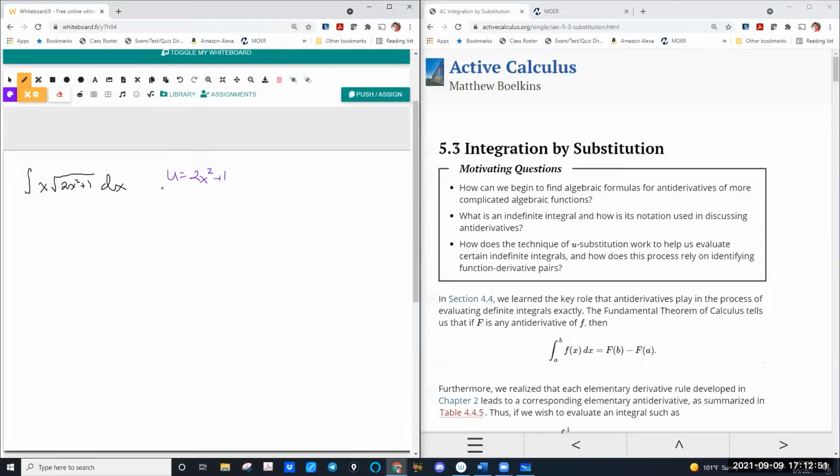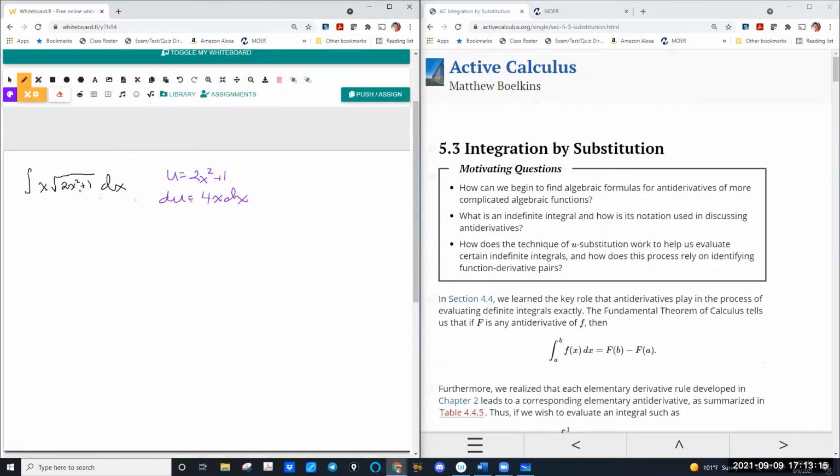Now, when you're looking for your u, another thing we need to make sure of is that we can get the du in there. For example, if this x was not here, this would not be a u substitution problem, because look what happens when I get my du: 4x dx, I'm just taking the derivative of u.